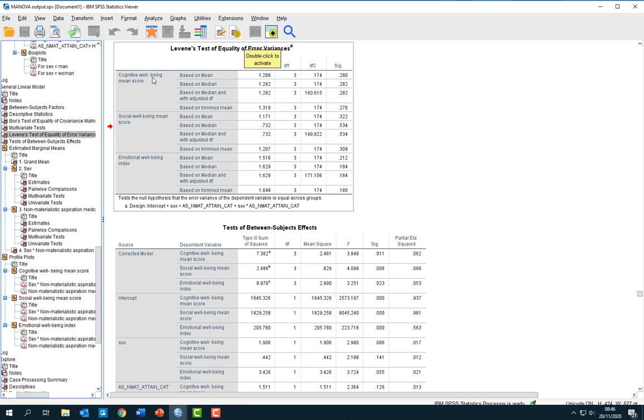So if for the cognitive well-being variable we have 0.280, so that's over 0.05, that's a good sign. And then for the social well-being, that's over 0.05, another good sign. And for the emotional well-being, 0.212, another good sign. So we don't have any problems with this assumption either.